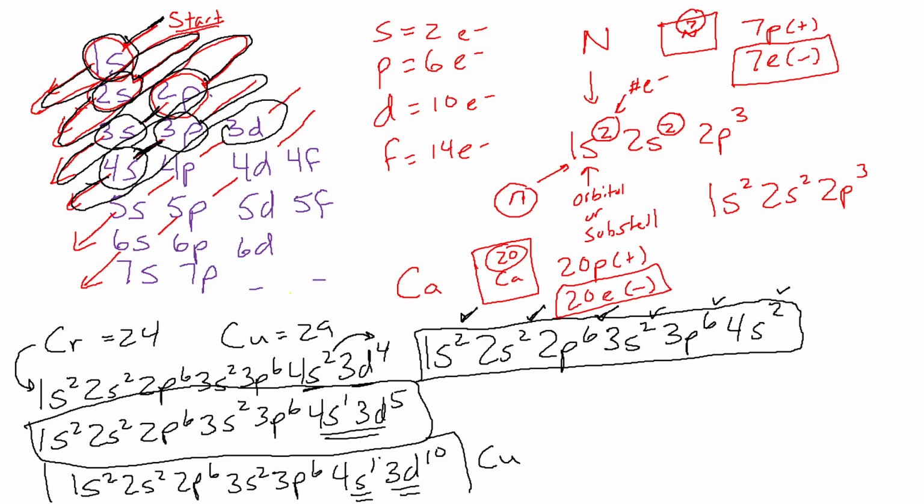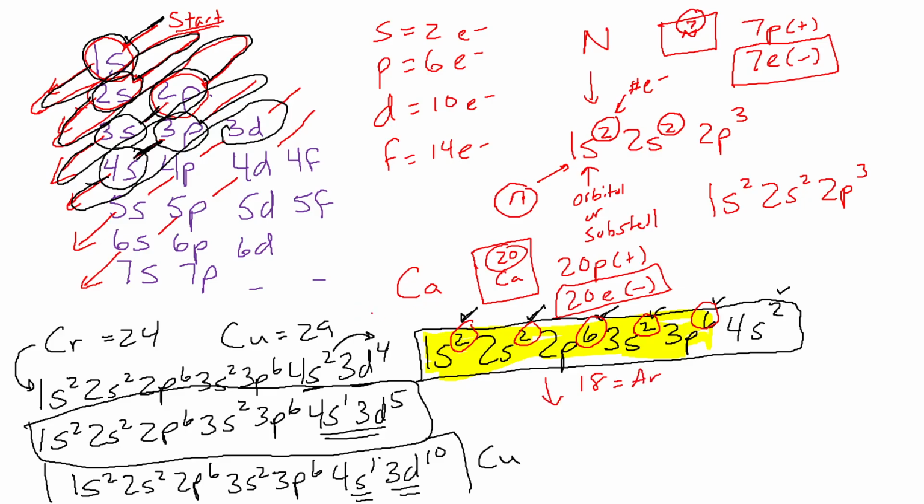So for example, if we just highlight calcium's configuration up to this point, and we just count up how many electrons are present at that point, and we count up the top numbers, we will see that we have 2, 4, 10, 12, and 18. We look at the periodic table, number 18 is argon.